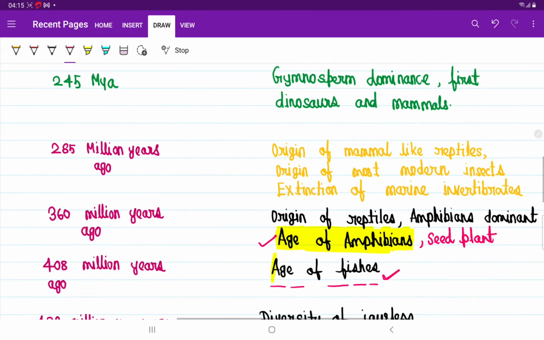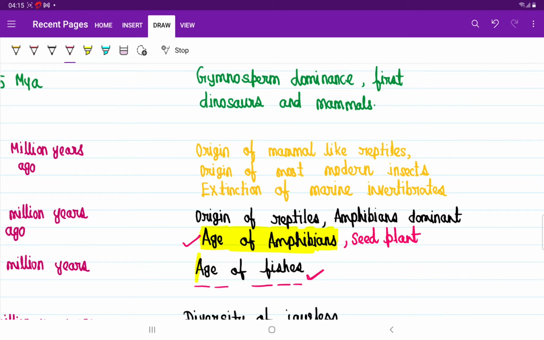And then the next one is the Permian period. In this Permian period, mammal-like organisms originated from the reptiles. The first mammal was like a tree shrew. And all of the modern insects also originated during this time. And a lot of marine vertebrates went extinct during this time.